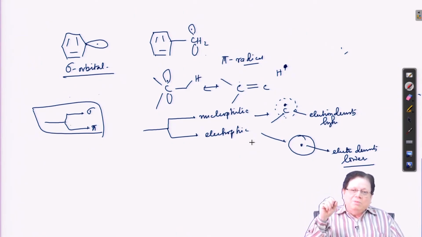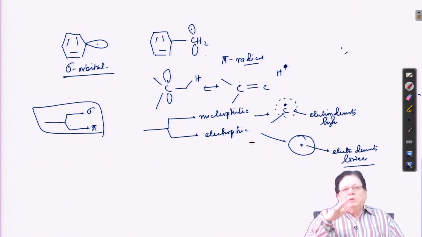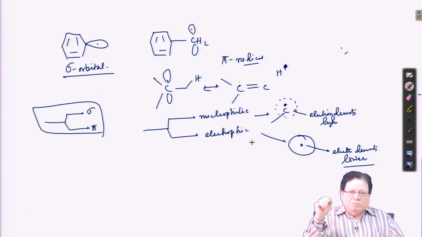Similarly, if you take a radical, which is basically in between a cation and an anion, and it adds to a multiple bond like a double bond, we know radicals add to a double bond, and the double bond becomes a radical. Now, the question is, is this reaction very feasible?